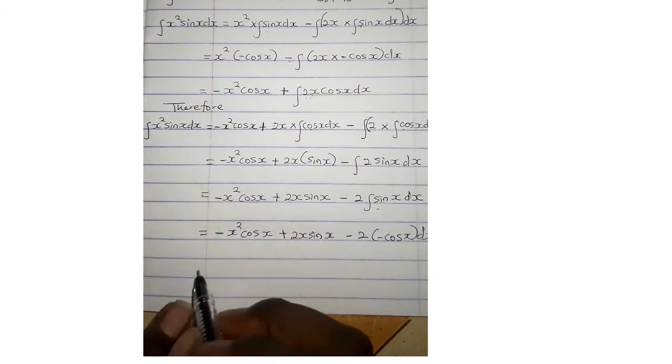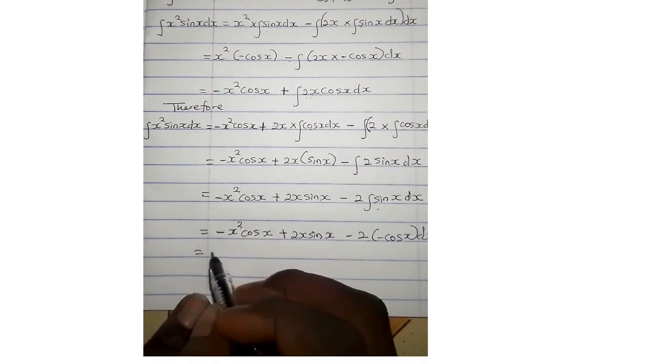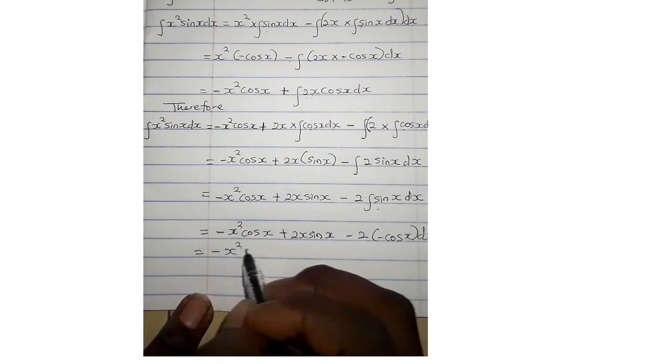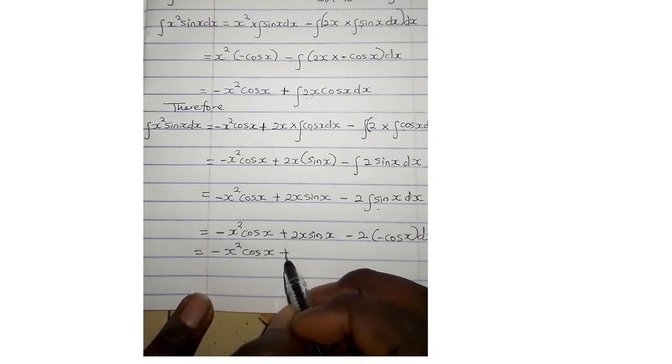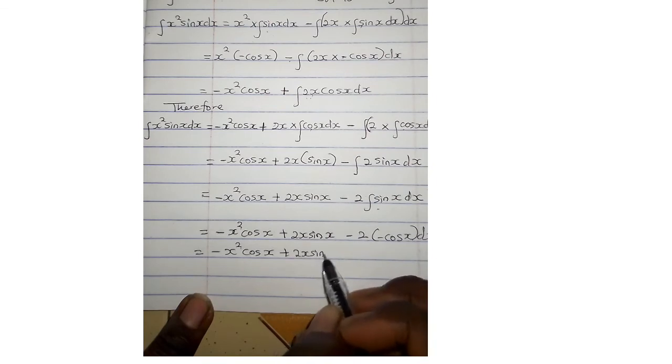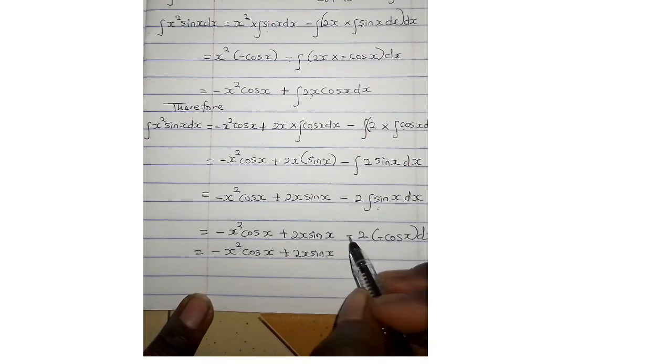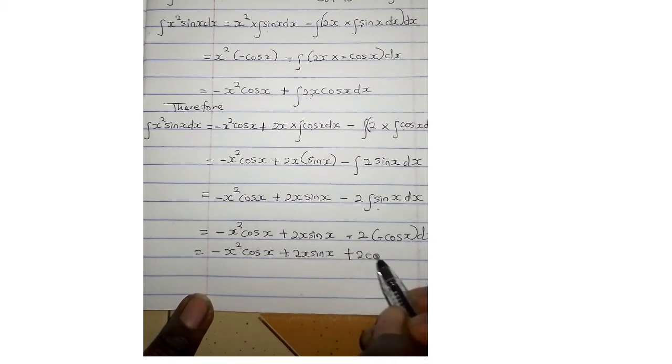Alright, so therefore the answer is going to become negative x squared cos x plus 2x sine x. When this multiplies, then it becomes plus 2 cos x. So it's going to go out plus c.